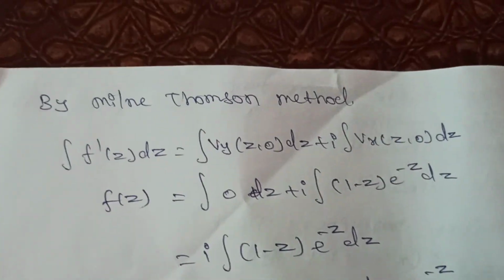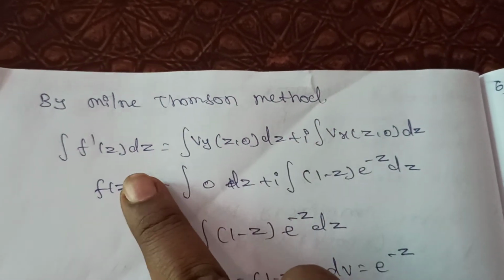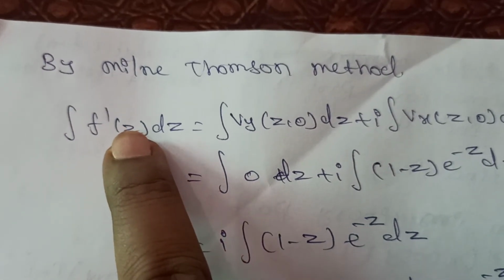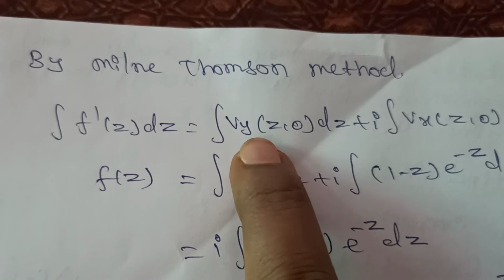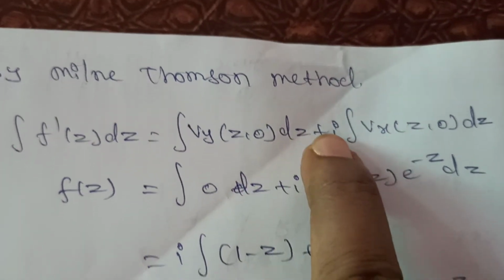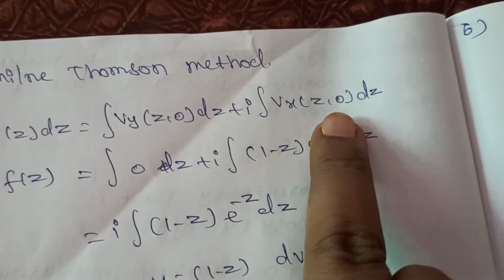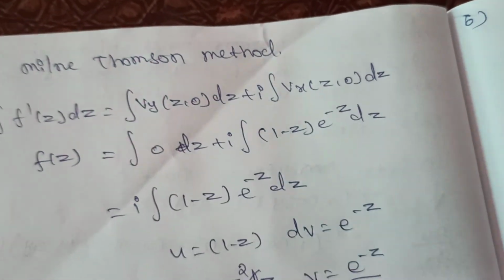In this problem we have the imaginary part, so the Milne-Thomson formula is the integration of f dash of z dz, which is equal to the integration of v y of z comma 0 dz plus i into the integration of v x of z comma 0 dz.